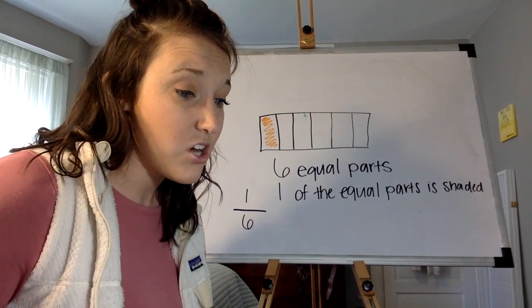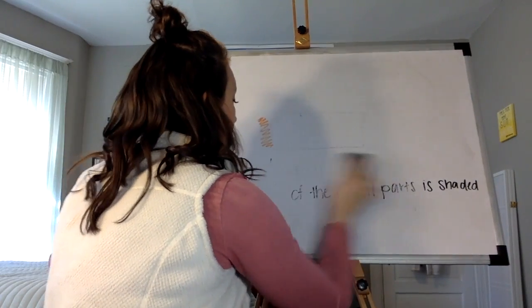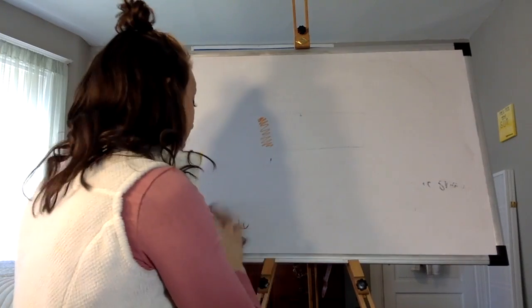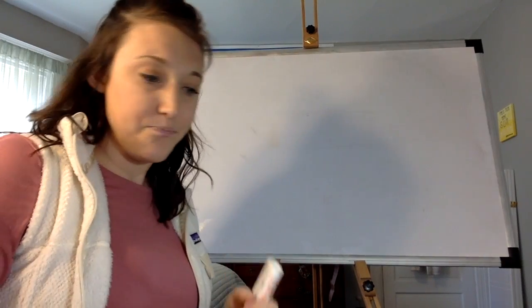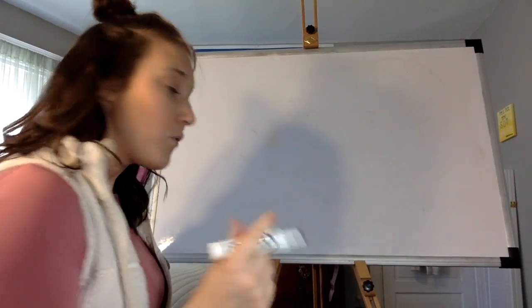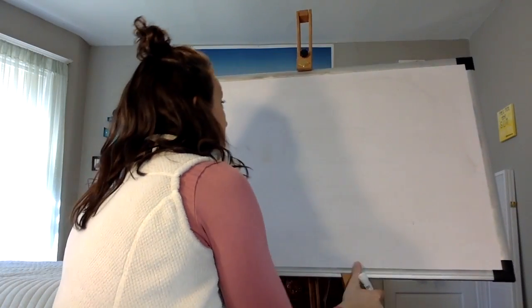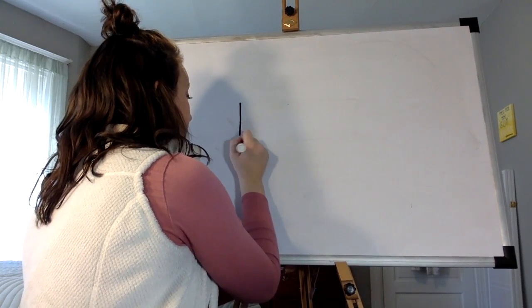Now I do want to talk about number 8 on page 453. Okay, so talking about number 8, we had a question very similar to this in 10.1. Okay? So we were given a rectangle.